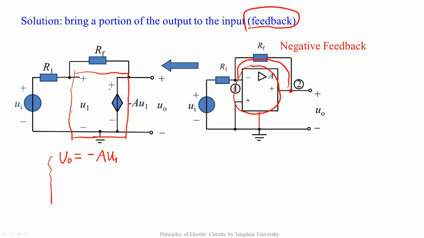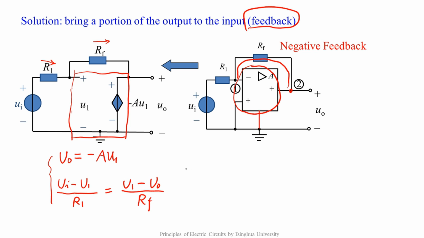This is step 1. In step 2, the current through R1 equals the current through RF. Let's write the equation accordingly. The current through R1, UI minus U1 over R1 equals the current through RF. That is U1 minus UO over RF.